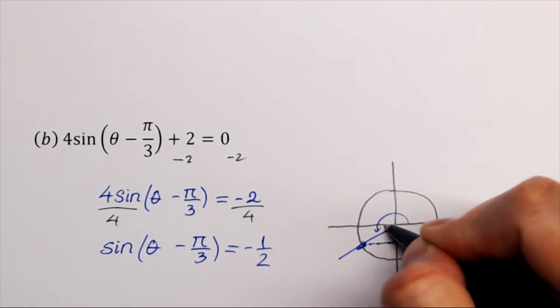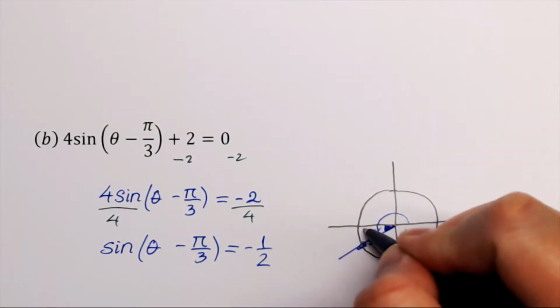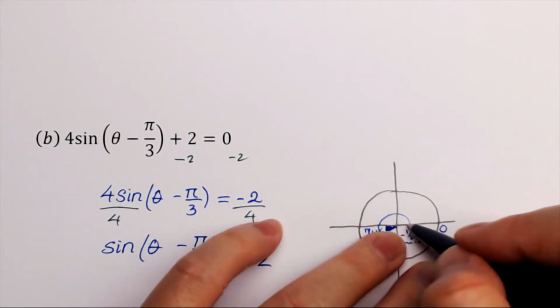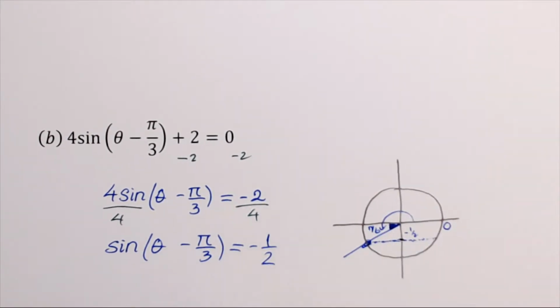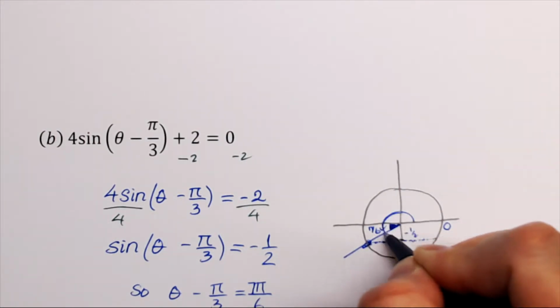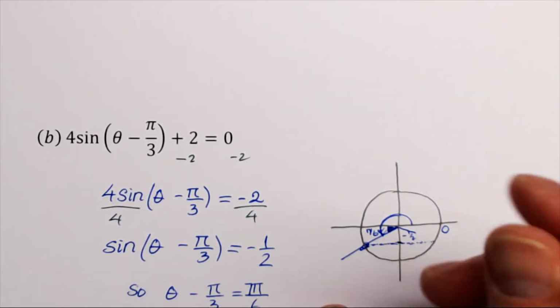Square root of 3 over 2 is that point. Then we have an angle here. So that will be a 30, 60, 90 degree right triangle here. So theta can be equal to, that would be pi over 6.